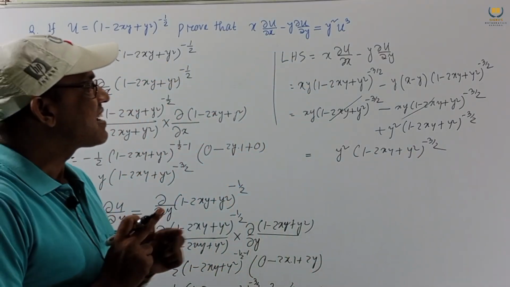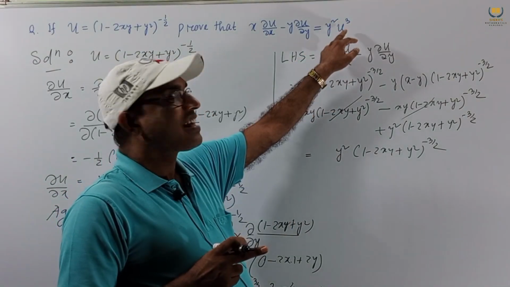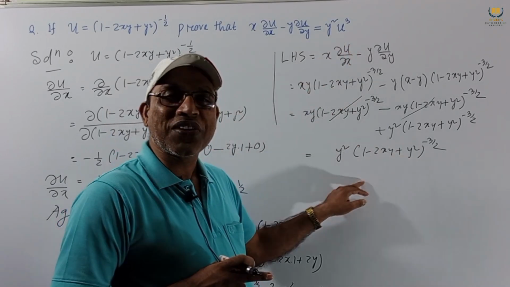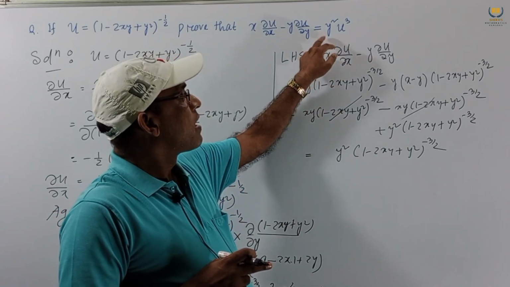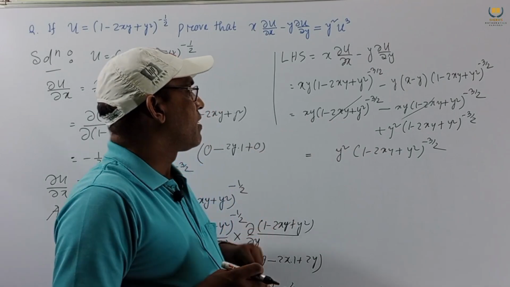But in our answer, y square is given, and here u cube is given. Now from this, anyhow we have to find u cube, because here we get y square, but our requirement is u cube.